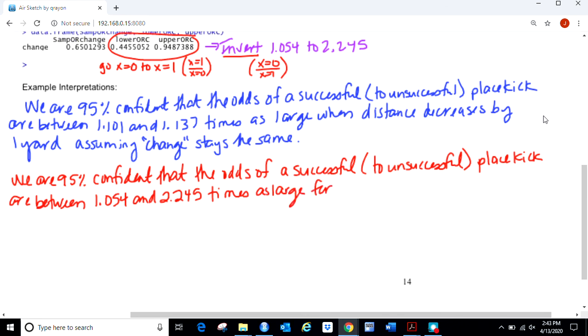Now, since this one's not quantitative, we're not going to increase or decrease something. We're just comparing the x equals 0 to the x equals 1. So it's this many times as large for. On top, we have the x equals 0. So that's a non-lead change kick. And on the bottom is a lead change kick.